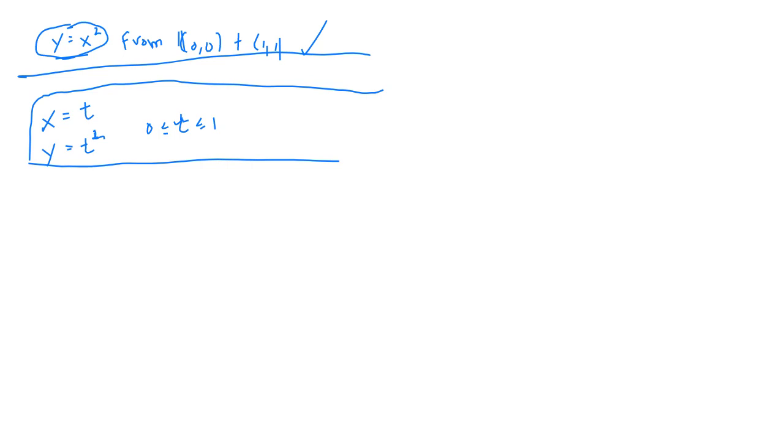How about x equals x and y equals x squared, where x goes from 0 to 1? Here x is the parameter, and here t is the parameter.